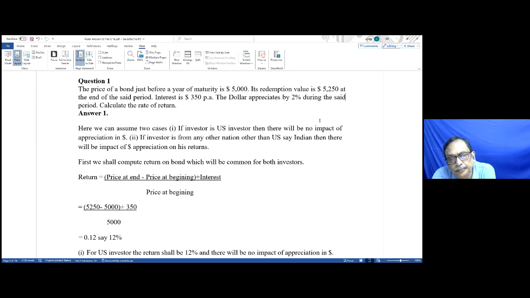Substituting the values, 5250 minus 5000 plus 350, divided by 5000 and multiplied by 100, the return comes to 12%.